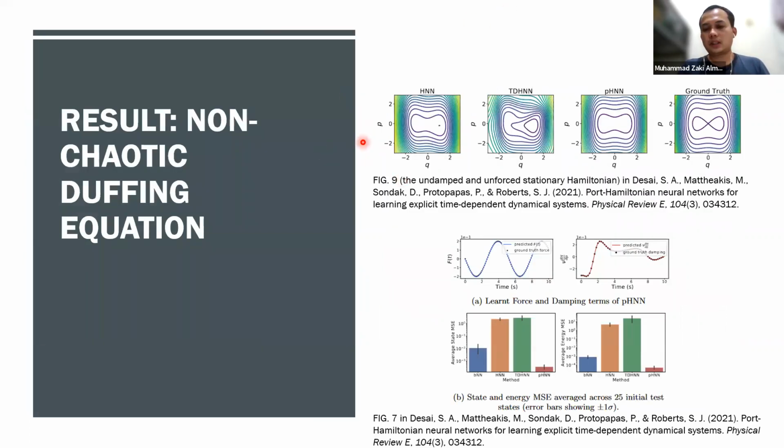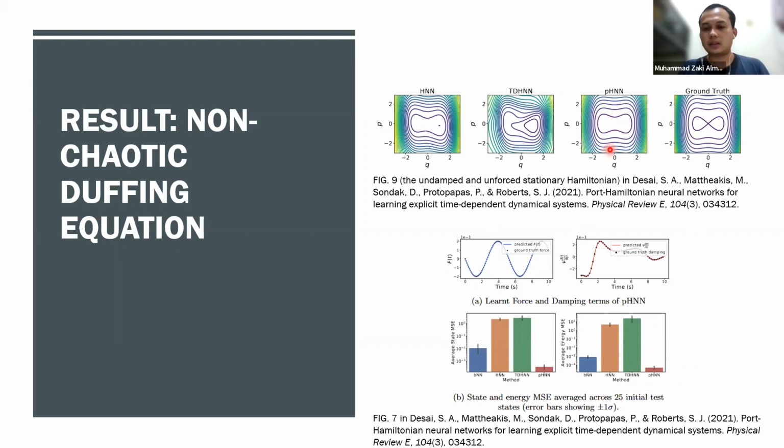And they also experiment on the Duffing equations. I'm not that familiar with this equation, but what they try to show here is that, again, the bottom figure shows that the Port-Hamiltonian neural network still outperforms the other approaches.